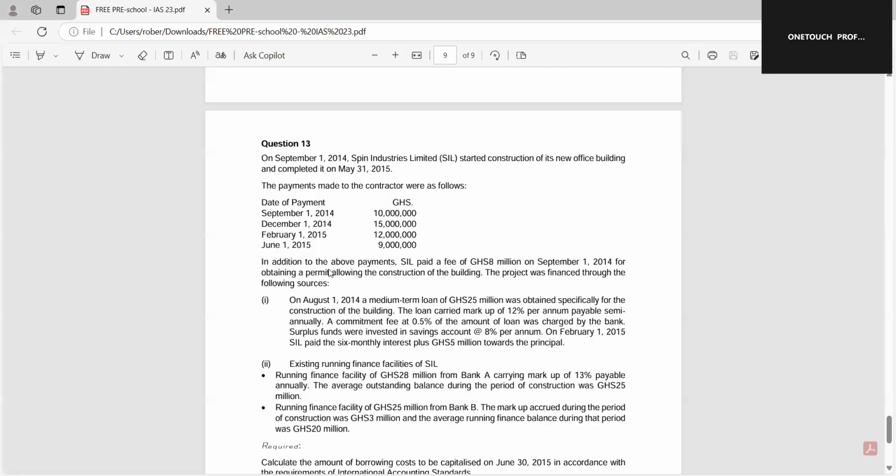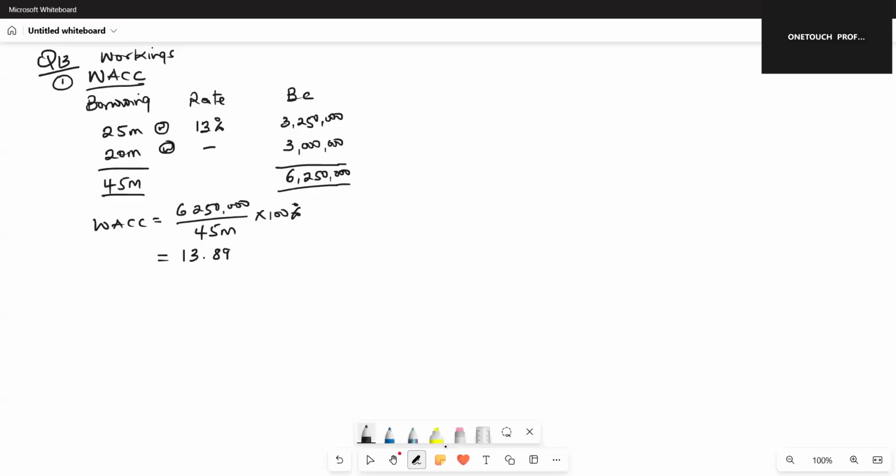So let's go to the board. Okay, so this 3 million, we don't know the rate that they use, but we know that it's for 9 months. It's 9 months interest. Is that not it? Yes. So this one too should be by 9 months. So it means that this figure is correct, but this one has to change.